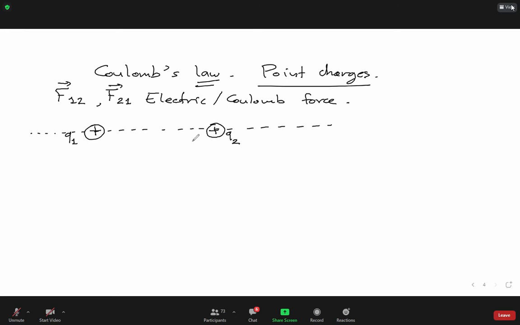This force has fundamentally established properties. First, the electric force is always directed along a line joining the two charges. Along a line. Remember, those are points, the two charges, joining the two charges Q1 and Q2. Right.